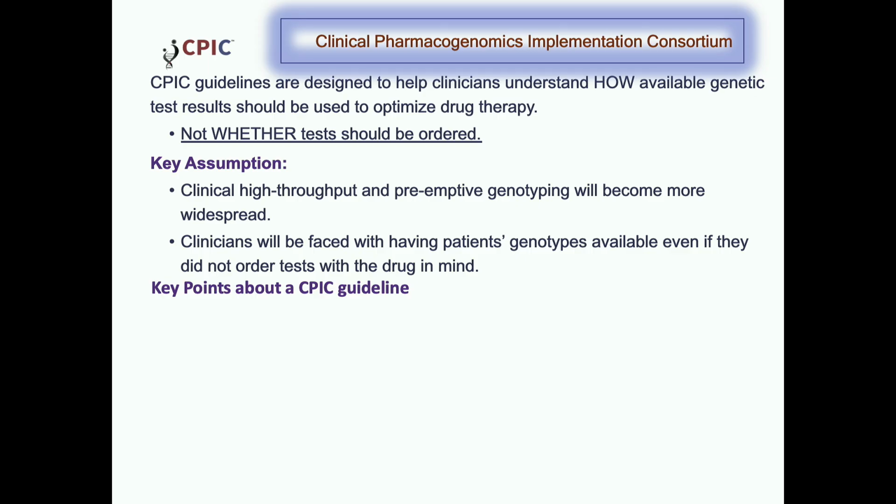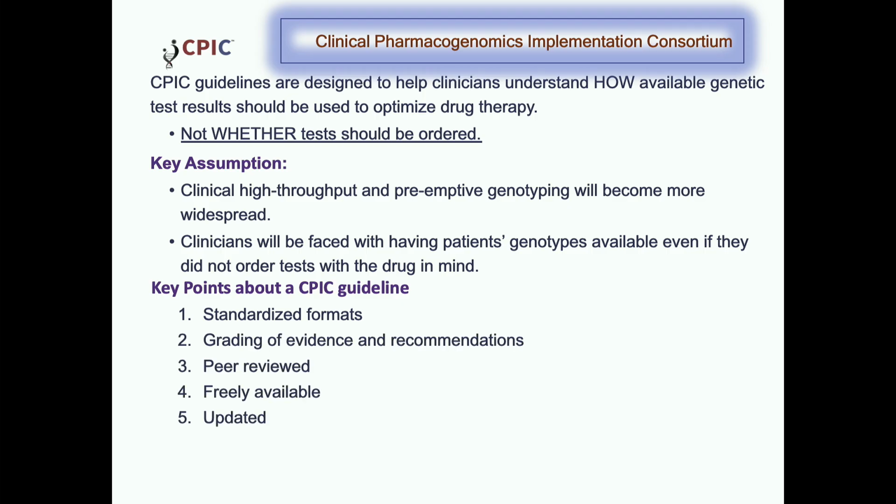There is a consortium called the Clinical Pharmacogenomics Implementation Consortium, or CPIC. The whole idea is to standardize the format of the report and guidelines, and to provide freely available, peer-reviewed data for pharmacogenomics.